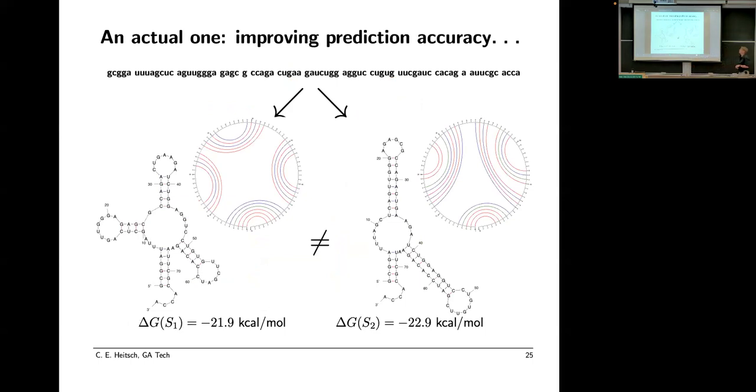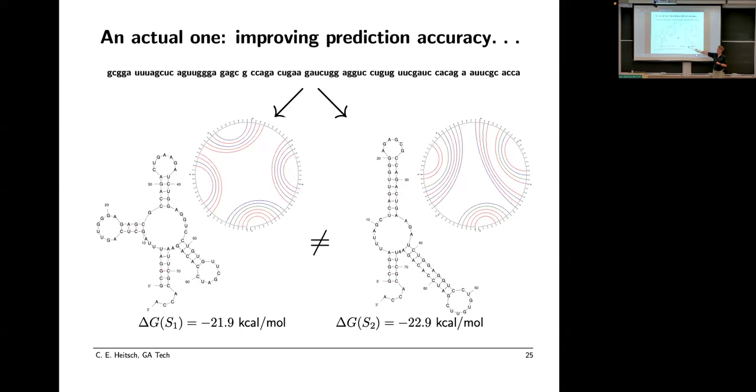And so I wanted to highlight another branching problem question, and that is, if you really wanted to improve prediction accuracy. Here's an example again of a tRNA sequence, and this is the MFE configuration, and it looks basically like our design sequence did.